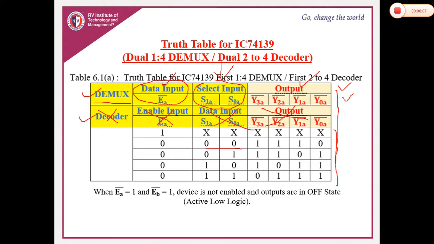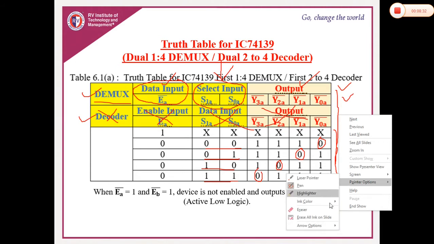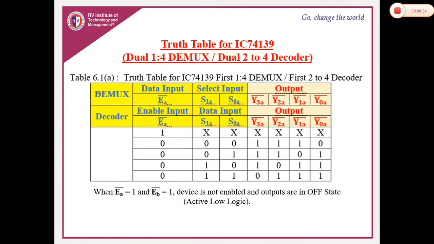For 0 0, Y0 will be selected. Why is it 0? Because it is active low. Active low means 0 means on, 1 means off. Similarly, whenever we say 0 1, only Y1A will be on, all others will be off. Whenever we say 1 0, only Y2 will be on, all others will be off. Whenever we say 1 1, Y3 will be on, all others will be off.